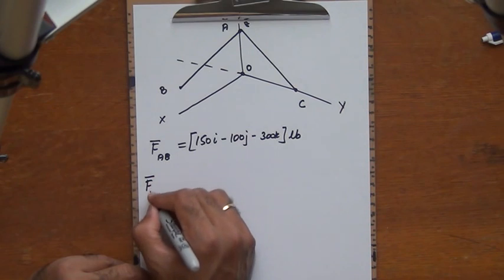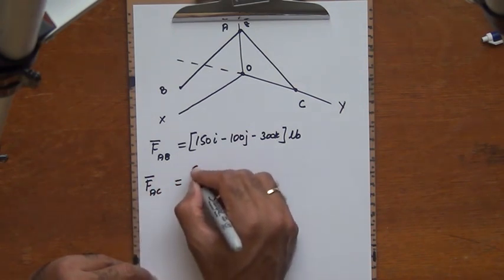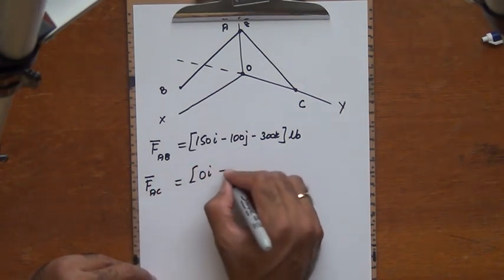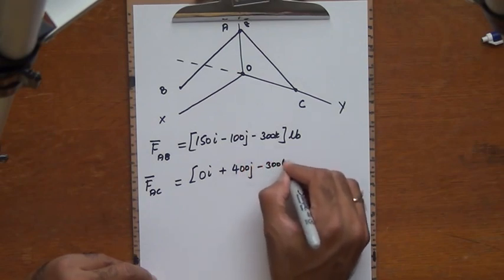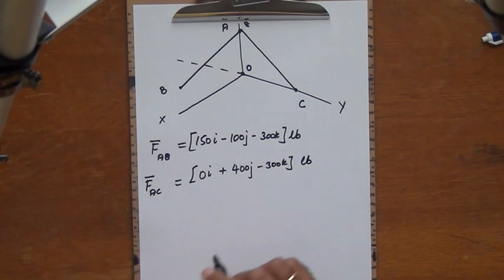And FAC was 0i plus 400j minus 300k, so many pounds.